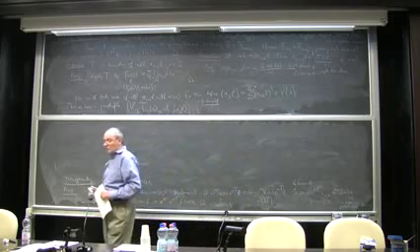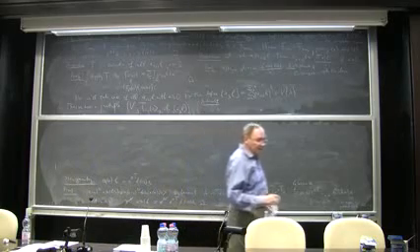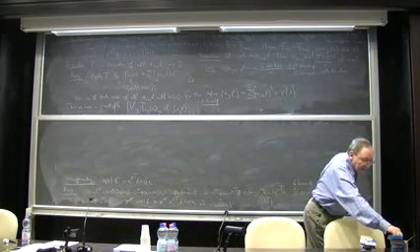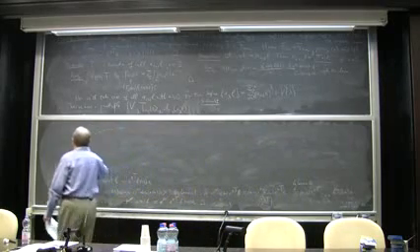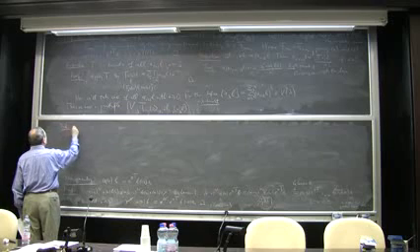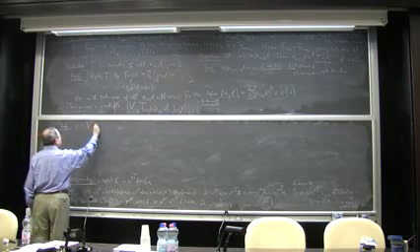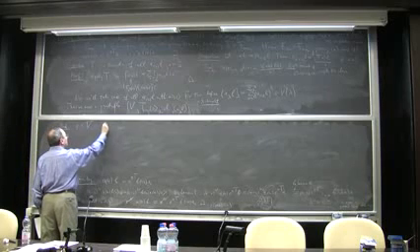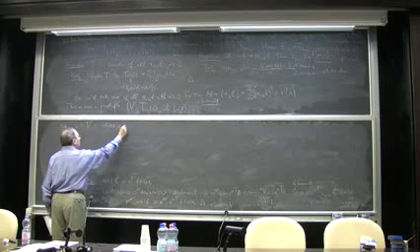First of all, what is called a conformal vector of a vertex algebra. A vector nu is called a conformal vector.